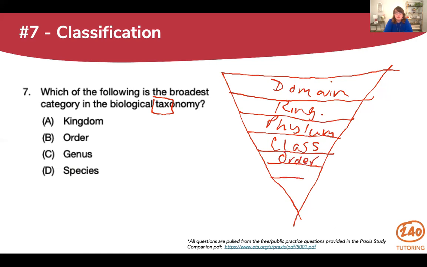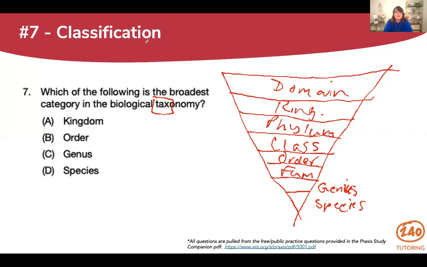And then a little bit more specific, we have family. I'm just going to put fam for right now. And then I'm going to write these over to the side. We have genus. Oops, it's U-S. There's no I in there. And then species is the most specific classification.